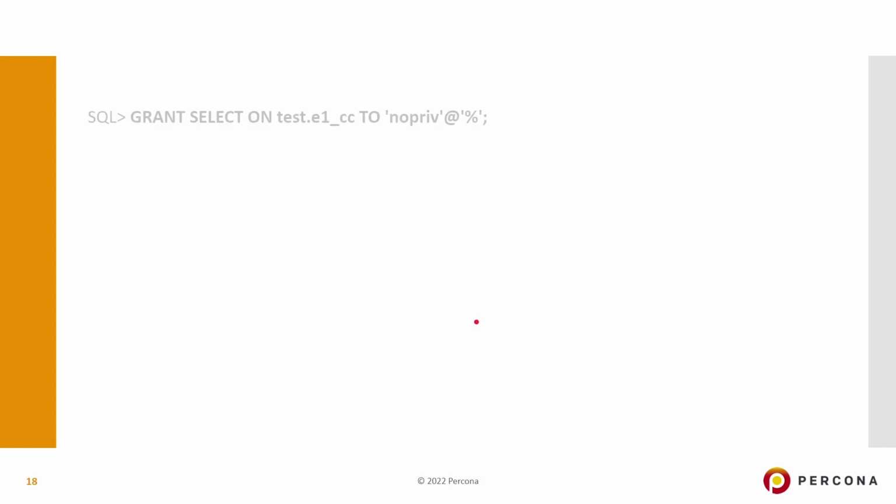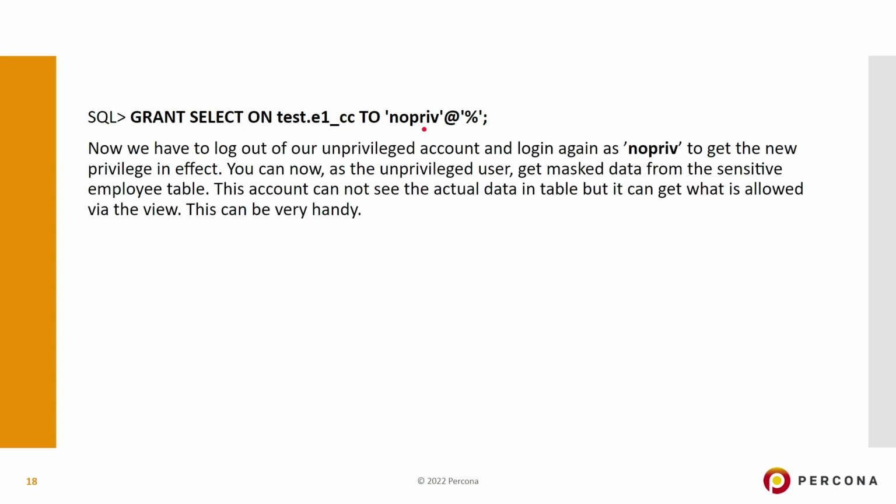Now here comes the interesting bit. If we, still as a privileged user, grant select on the view to our nopriv user, when they run it, it runs as the privileged user. Now, to make sure this works, we have to log out of our unprivileged nopriv account and log back in, so that this grant is initialized when you come back in.